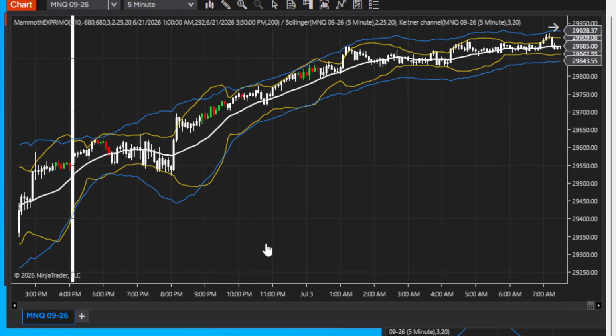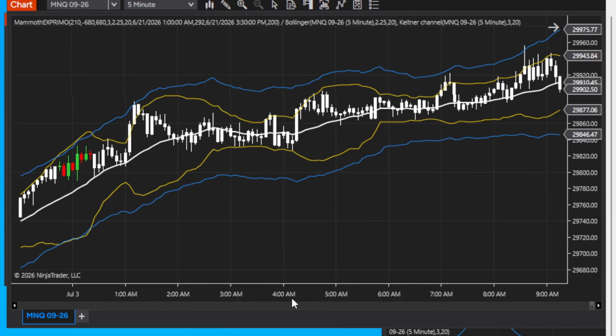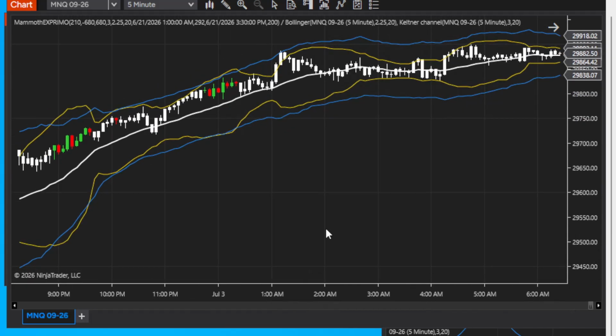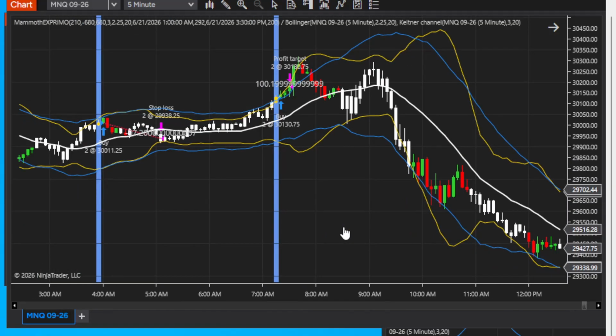So as retail traders, we don't want to risk our capital too much, but we want to capture something, not big, but at least consistent.